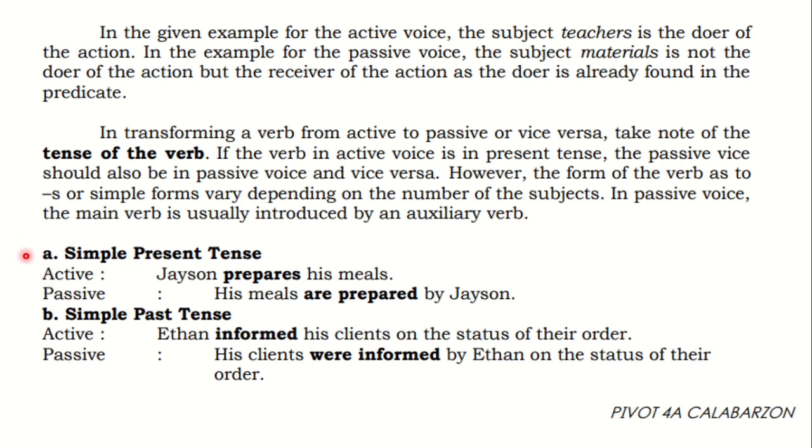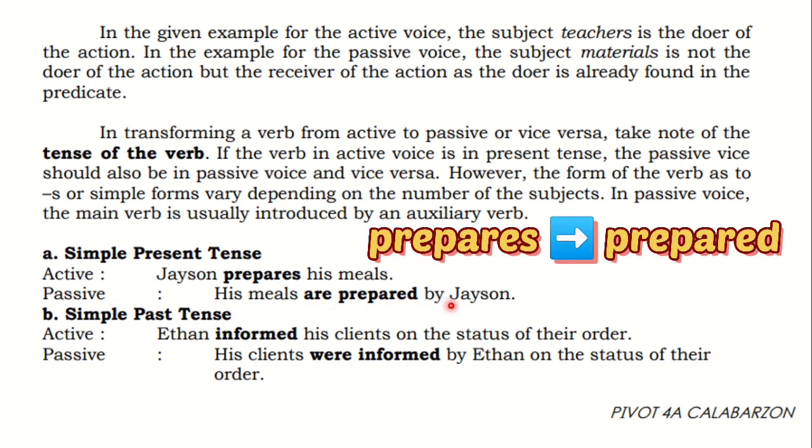Okay, so the first one is using simple present tense. From the active voice, Jason prepares his meals. It would be his meals are prepared by Jason, or his own meals are prepared by Jason.